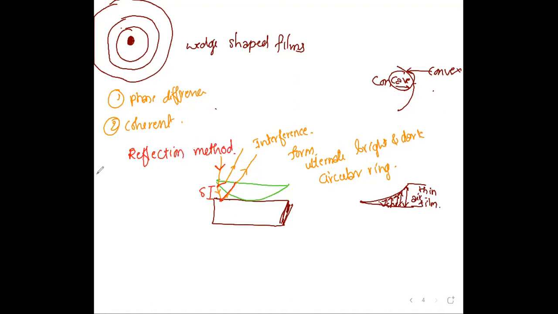It's a reflection method. One more method is division of amplitude. In Young's double slit experiment, we divide the amplitudes: a ray of light is incident there, that divides the amplitude, and the parts undergo interference and form the interference pattern.